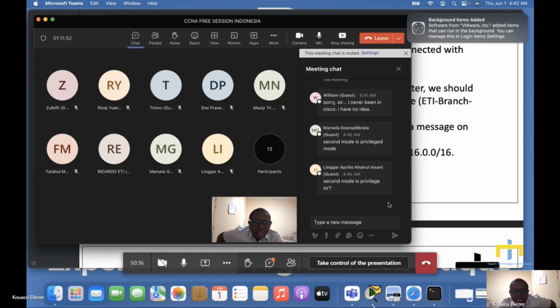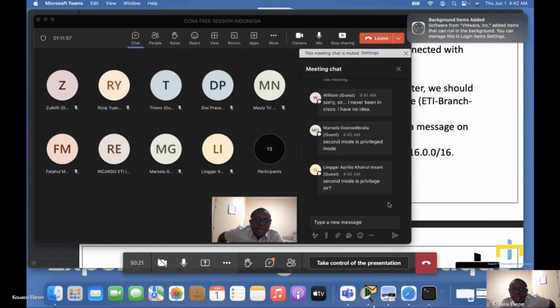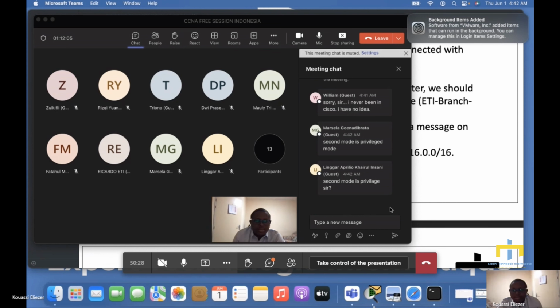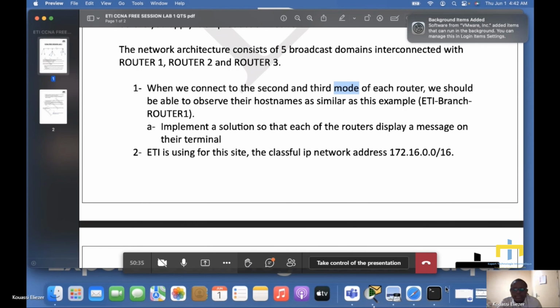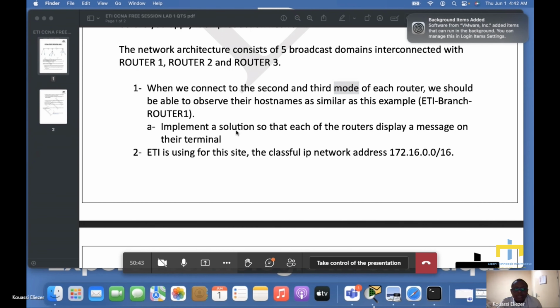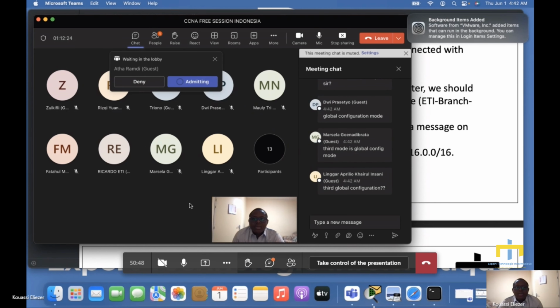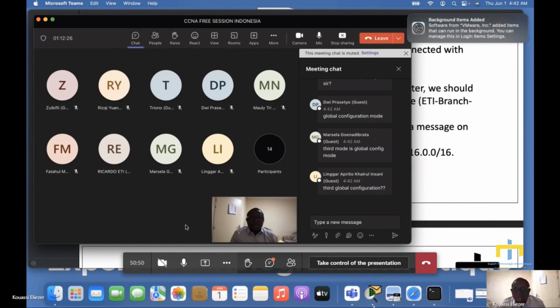The second mode is, yeah, Marcela, thank you. The second mode is privilege mode. And then the third mode. Third mode is global configuration.